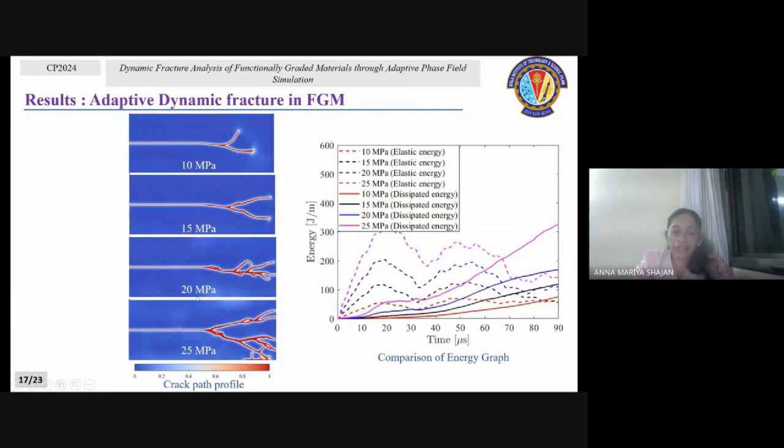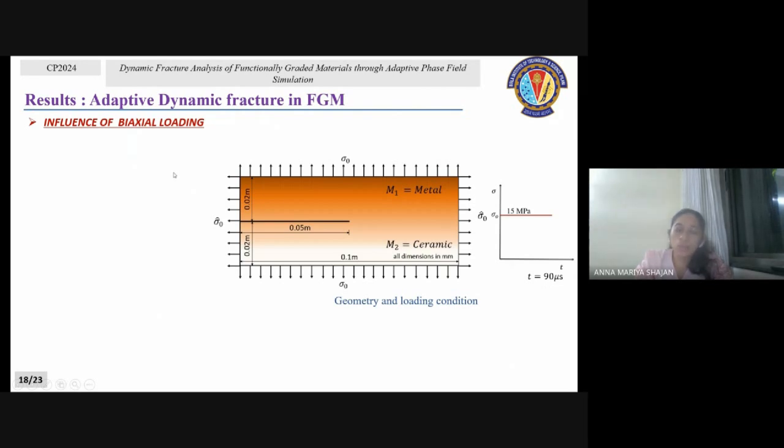And if we increase the load value, we can see that multiple branching is happening. And with the dissipated energy also, we can see that with the increase in the load value, there is an increase in the dissipation energy. Next, moving on to the influence of the biaxial loading. How the biaxial loading rate, meaning loading in all directions, will affect.